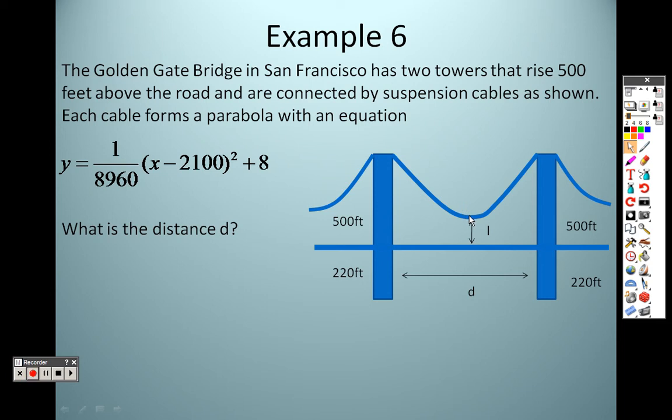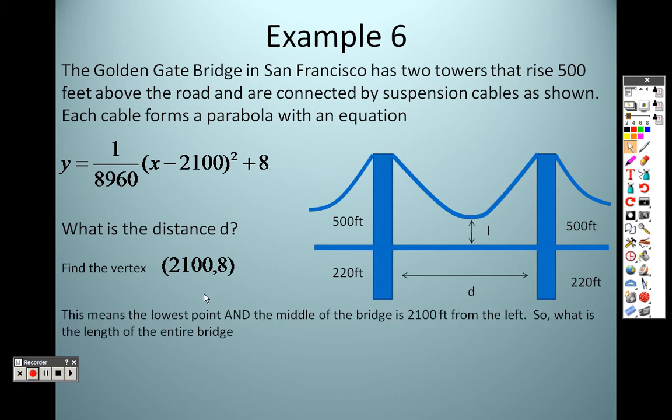So whatever the vertex is going to end up being the lowest point. So to find the vertex, that's whatever makes that 0, which is 2100 and the 8. So there's your vertex point. So the lowest point and the middle of the bridge is 2100 feet from the left. So 2100 feet in, and the length it is 8 feet tall.